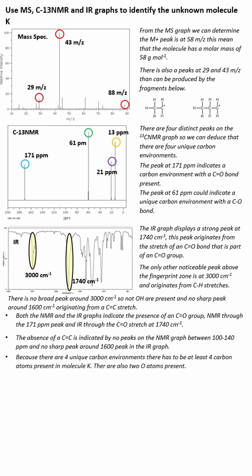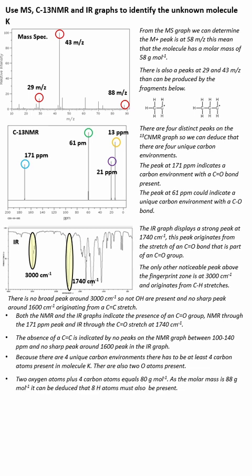We can also here, remember I talked about this before, we said that there were 4 unique carbons, so there must be at least 4 carbons, but we also know that there are 2 oxygens present because this green peak here and the blue one both represent that they're attached to an oxygen, a double bond and a single bond here. So because we know that there's 4 carbons and 2 oxygens, 4 carbons equals 48, 2 oxygens are 32, that's a molar mass of 80.